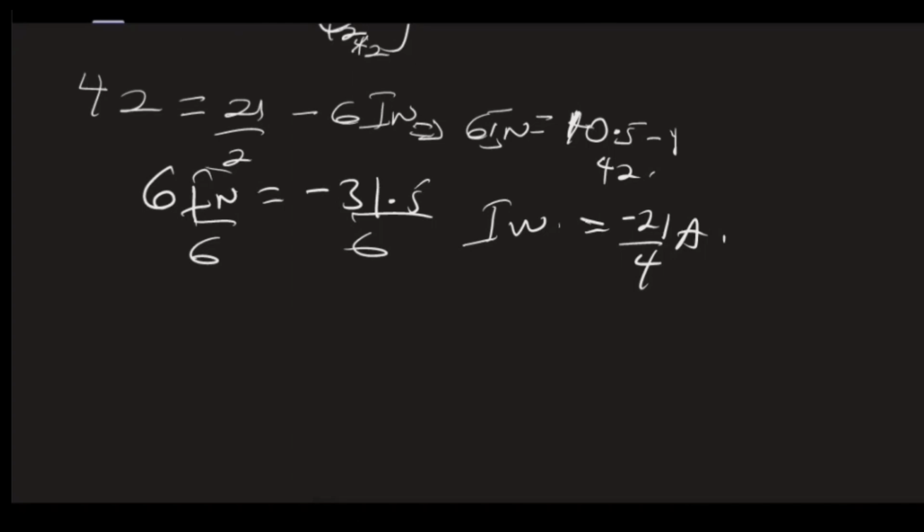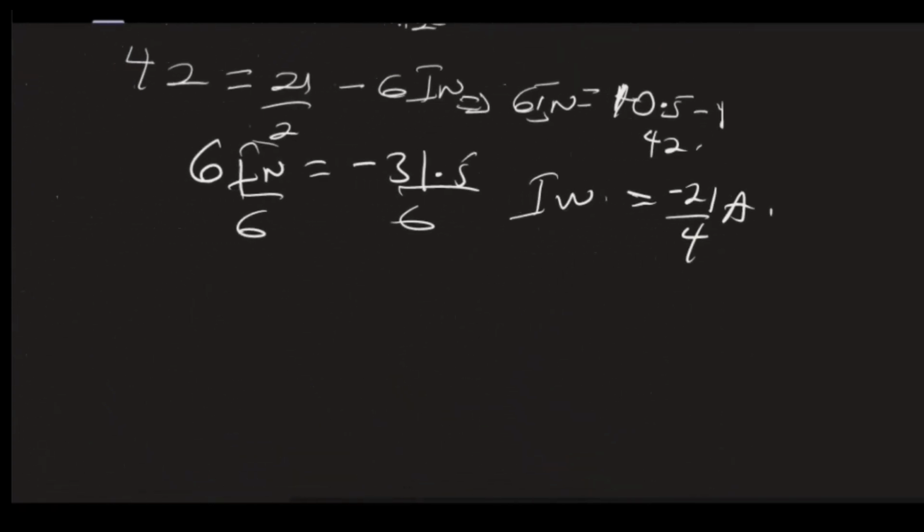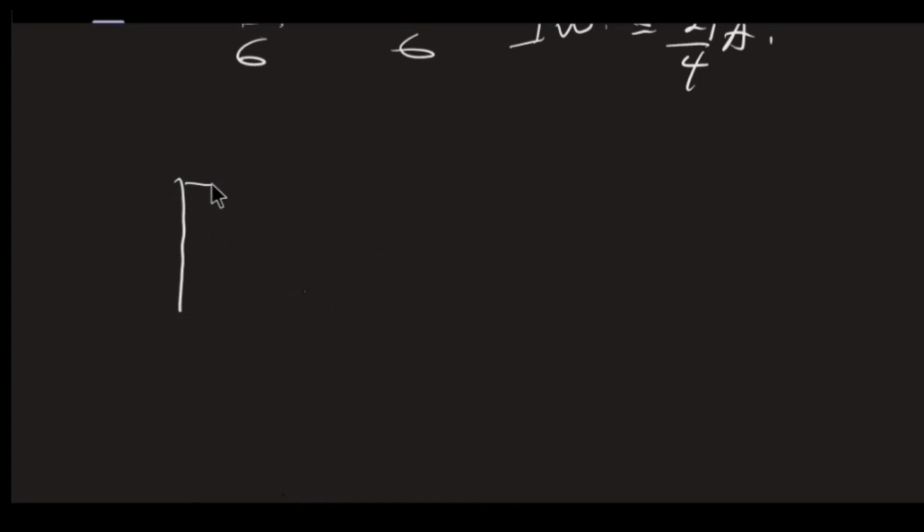Once I have my IN, the next step is to deactivate all the sources as we did in Thevenin's theorem. After finding your IN, the rest is the same as Thevenin's theorem. So you are going to deactivate the sources, then replace the Norton's current with Norton's voltage. So let's see. Deactivating the sources, our voltage source will become a short circuit, no 42, and this side I'll have 12 ohm.